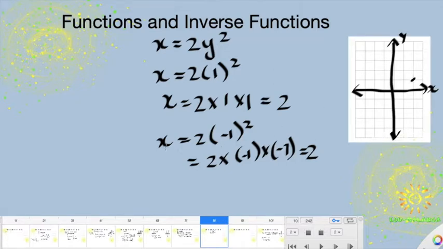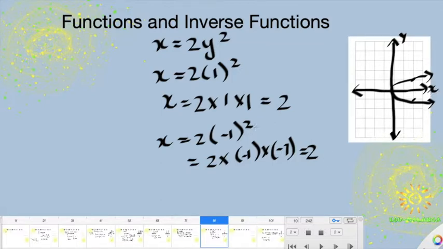Okay, and then y was equal to negative 1, so y negative 1 is down here, and we get x down here. And then if we were to substitute in a 0, we know we would get 0 because of the relationship, because there's no constant number. So what we get is a graph that looks like a sideways parabola.